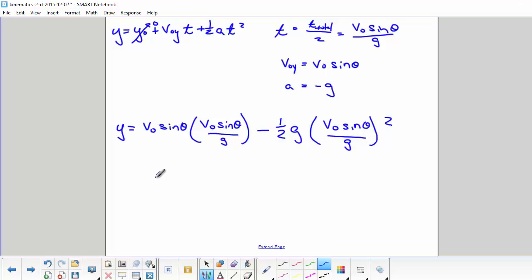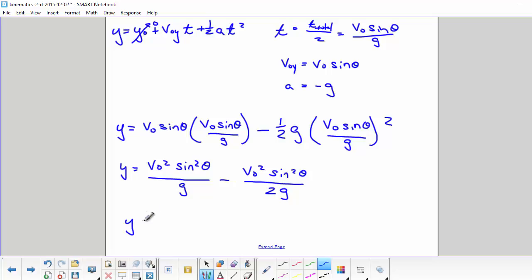So we'll simplify that a bit, and we get v naught squared sine squared theta over g minus v naught squared sine squared theta over 2g. So it's 1 of something minus 1/2, and so we get v naught squared sine squared theta over 2g. Now this is the maximum height.